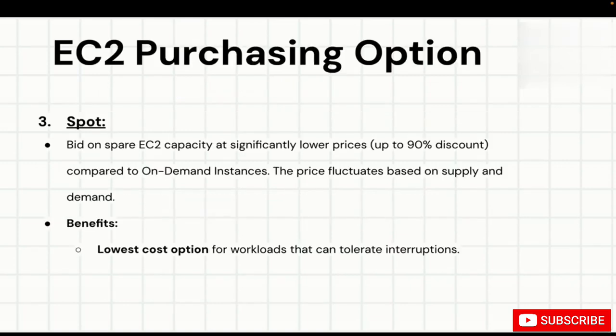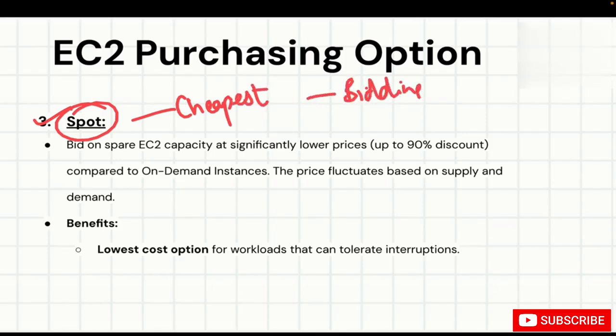The third option, and the cheapest of all, is spot instances. It's like a bidding system. When AWS resources are unutilized by any other vendors or anyone, AWS provides a sale on those services. But the issue is that they can remove the sale anytime and ask you to return the server within 5 minutes.